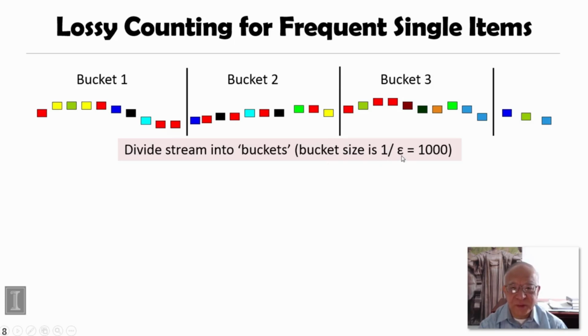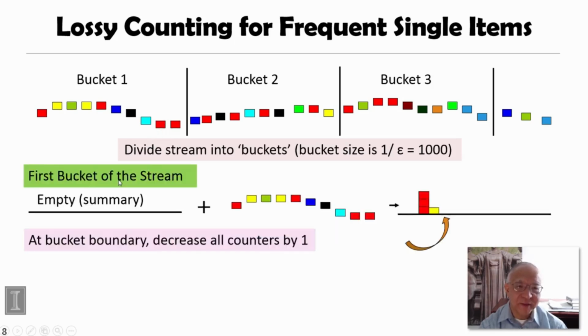Because your epsilon is a 0.1% error bound, the bucket size is 1 over 0.1%, which is 1,000. That means each bucket has 1,000 items. We assume the main memory is big enough that you can easily hold one bucket.